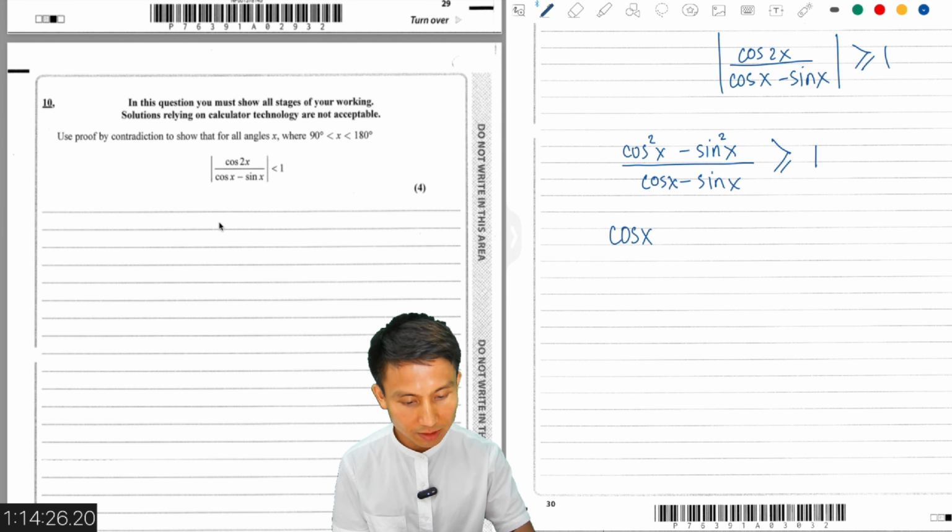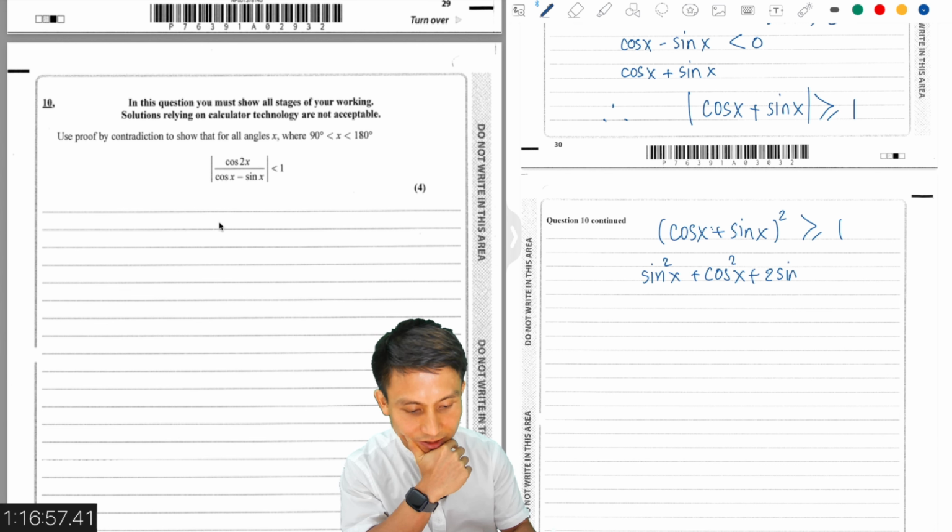Can we square that? Yeah, we can square that. So if we square that, we get cos plus sine, squared. And then we would have sine squared x plus cos squared x plus 2 sine x cos x, right? How about that?